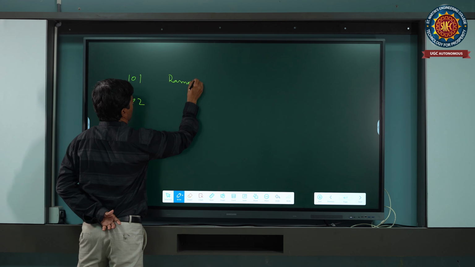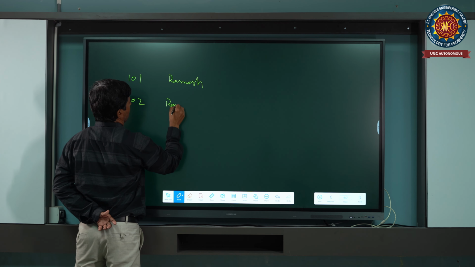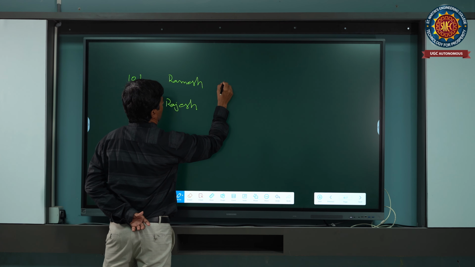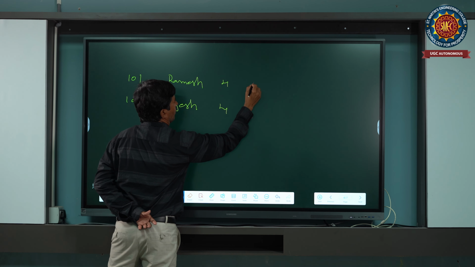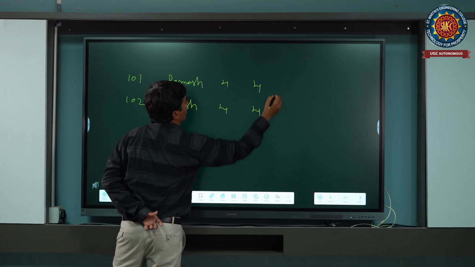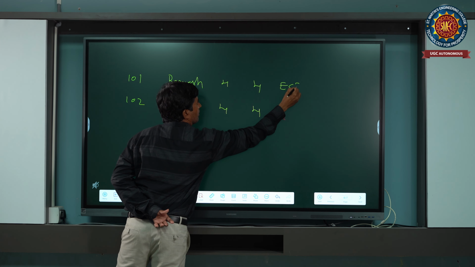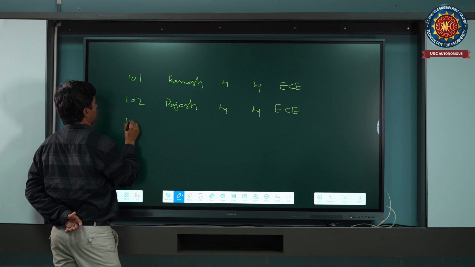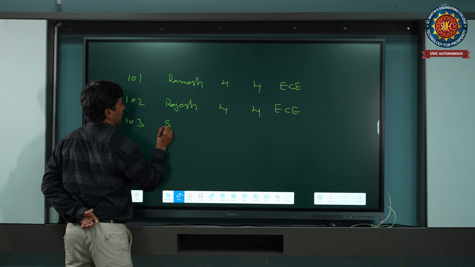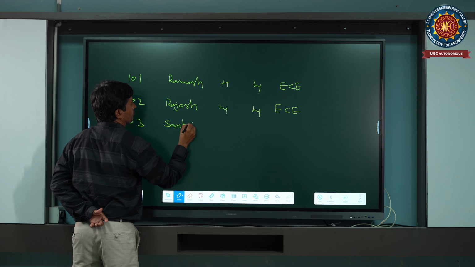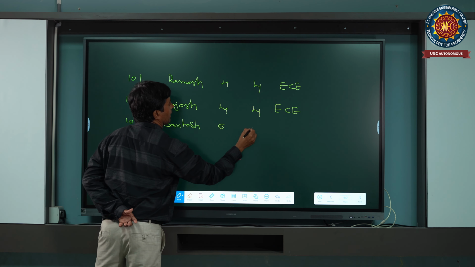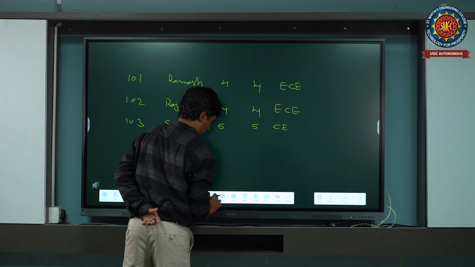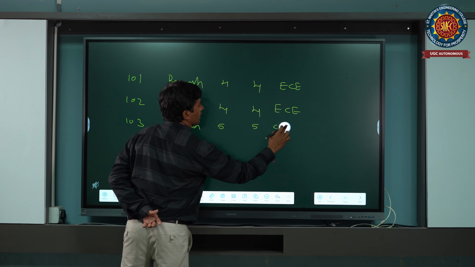Ramesh and Rajesh, department number 4, ECE. 103 Santosh, 5, CSE department.